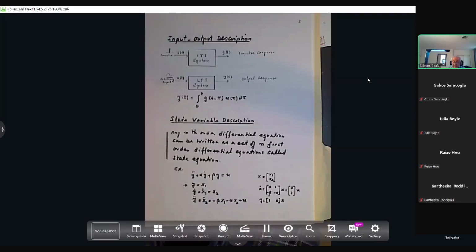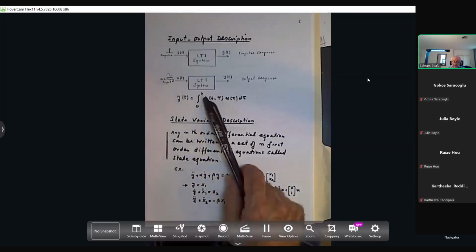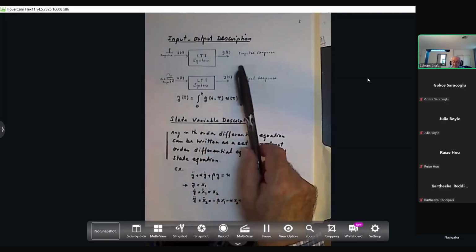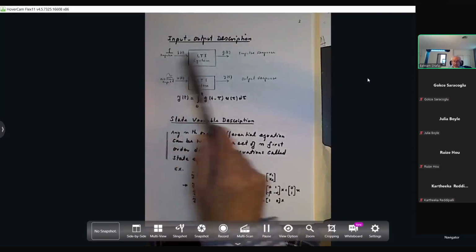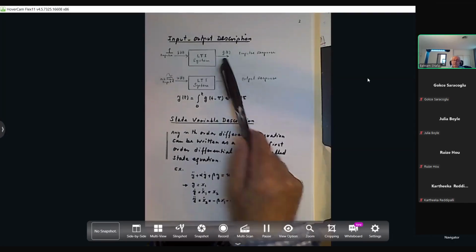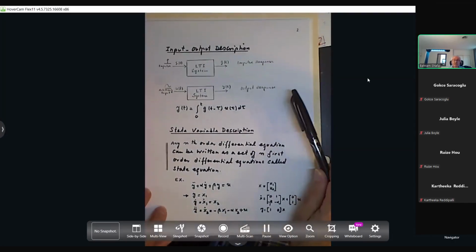As far as the input-output description is concerned, what it means basically is the following: if you apply an impulse here, then the response here, G of t, becomes the impulse response.